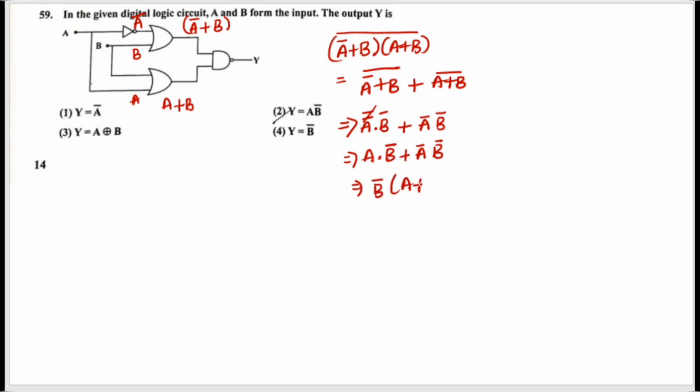It will be A plus A bar. From Boolean algebra, I can take this to be 1. According to the rule, A plus A bar is equal to 1. So we got the answer to be B bar. So which is the correct option? Option 4 is the right option.